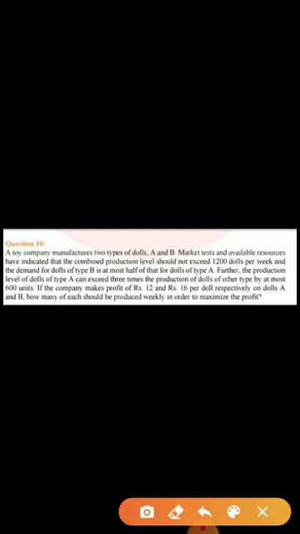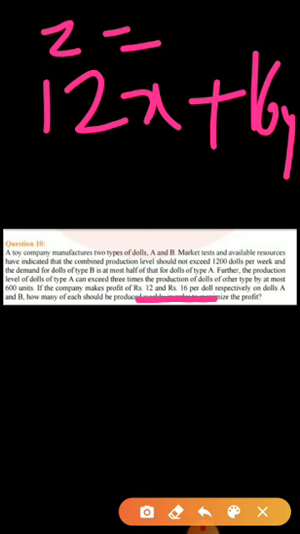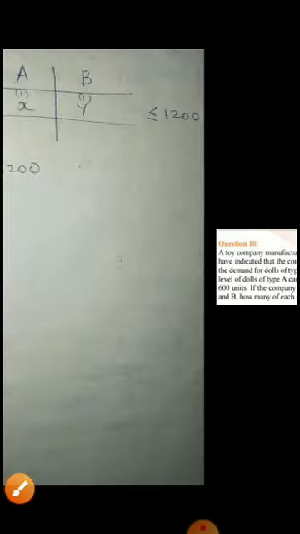Then the company makes a profit of rupees 12 and rupees 16 per doll, so profit is my function. It will be 12x plus 16y, my objective function, with profit of rupees 12 on the first type and rupees 16 on the second type. See whether that portion is clear to you.